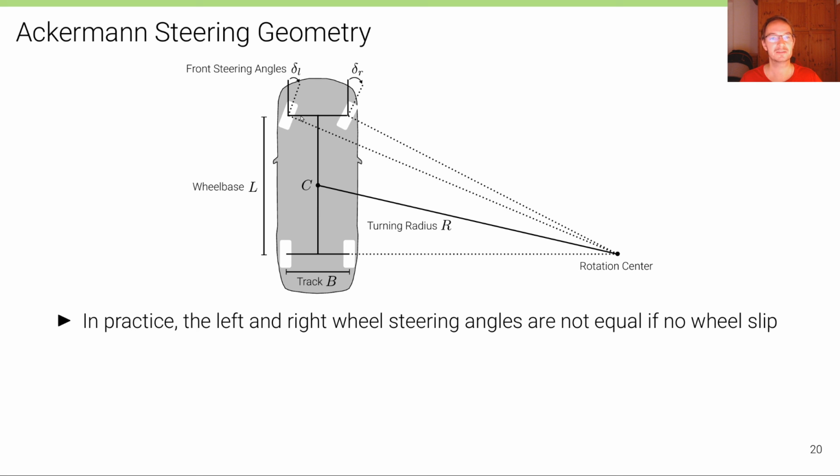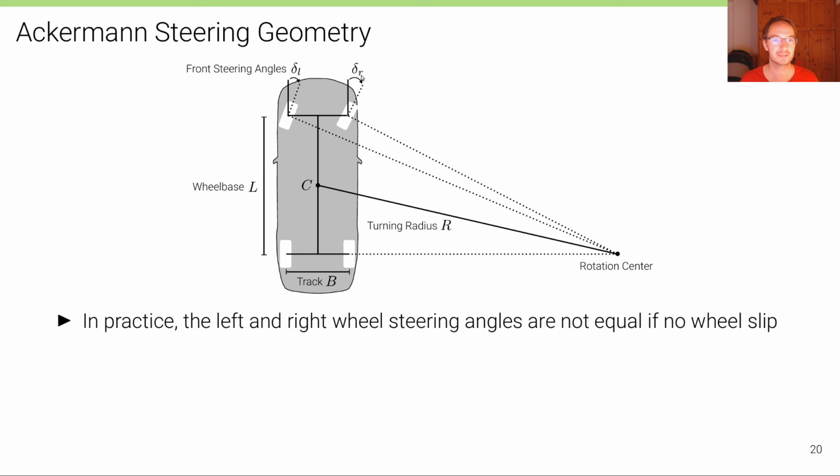The line that connects the left front wheel and the rotation center, and the line that connects the right front wheel and the rotation center, are not coinciding, which means that the orientation of these two wheels must be different, because the wheel orientation, in the case of the kinematic bicycle model, must be equal to the velocity vector that's orthogonal to the lines connecting the rotation center and the wheel centers.